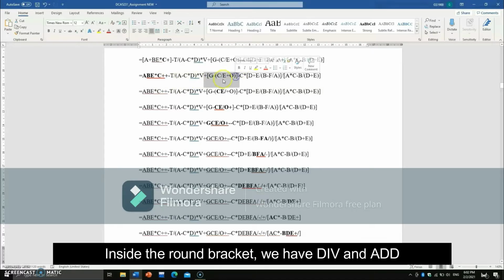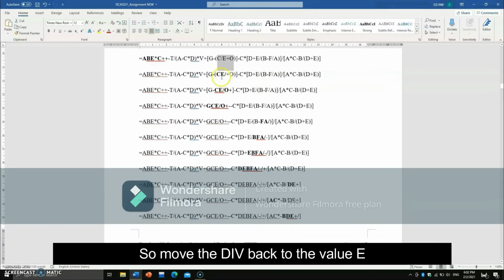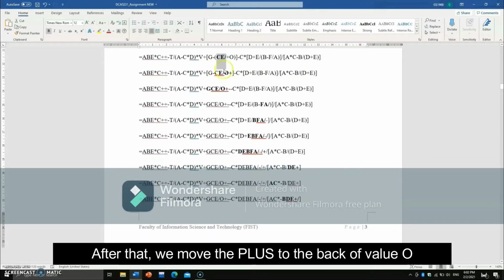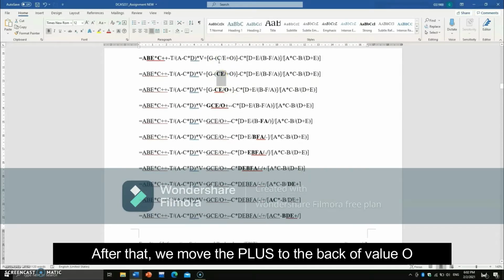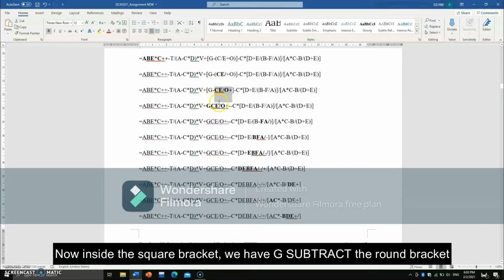We must solve the round bracket first. Inside the round bracket, we have divide and add. Follow the mathematical rules. We must solve the divide first. So we move the divide to the back of the value E. After that, we move the plus to the back of value O. Next, we remove the bracket we already solved.